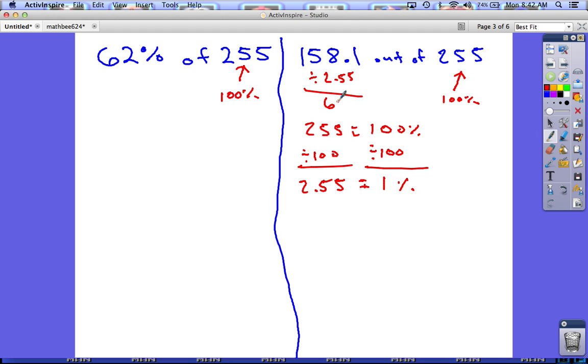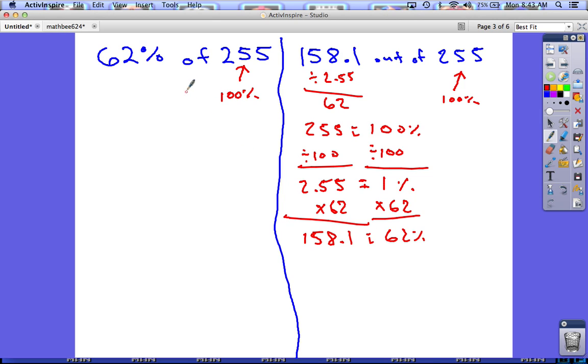So that means it took 62 of these to make 158.1. So now we got the grand total we need. So now I just need to multiply this side by 62, and that'll be a pretty simple one. 62%. So my answer to this one is 62% is 158.1.